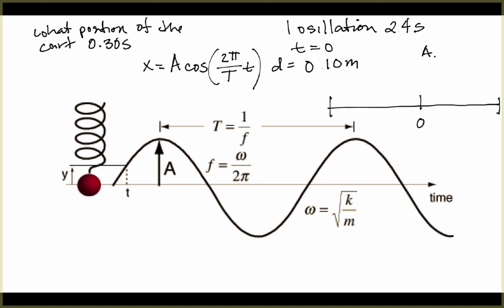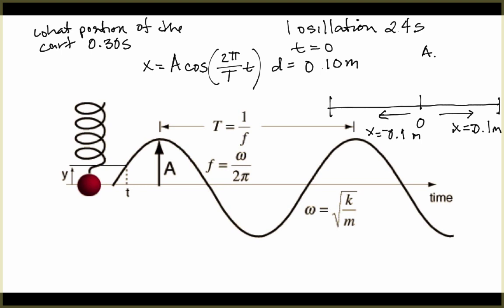We have the initial equilibrium, right? And when we release it, it can go one of two ways. You can have x being 0.1 meter, or x being negative 0.1 meter. So it's going back and forth like that, displacing back and forth.